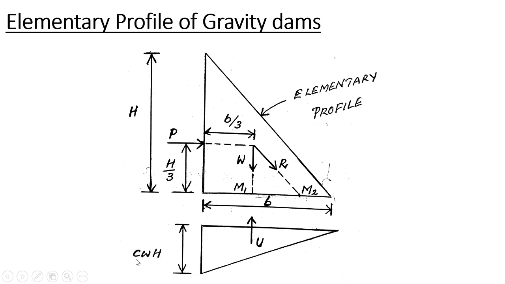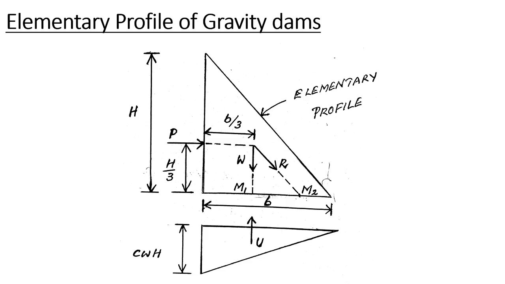So C is the coefficient of uplift pressure. So along with the term WH, we will make use of another term, that is the coefficient of uplift pressure. So this ordinate is C into W into H, and this is the direction of uplift pressure.